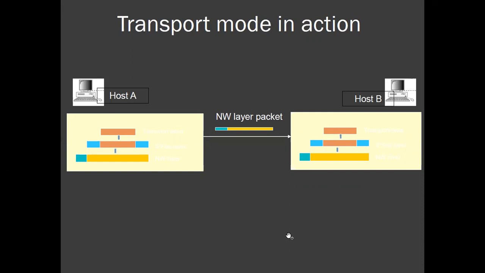This is how transport mode works. Remember that IPsec in transport mode does not protect the IP header. It only protects the information coming from the transport layer.